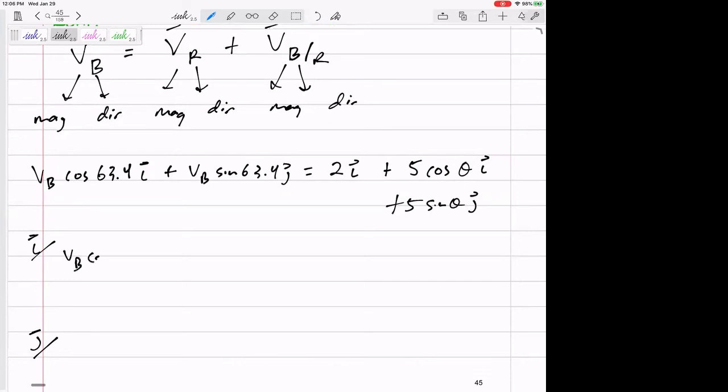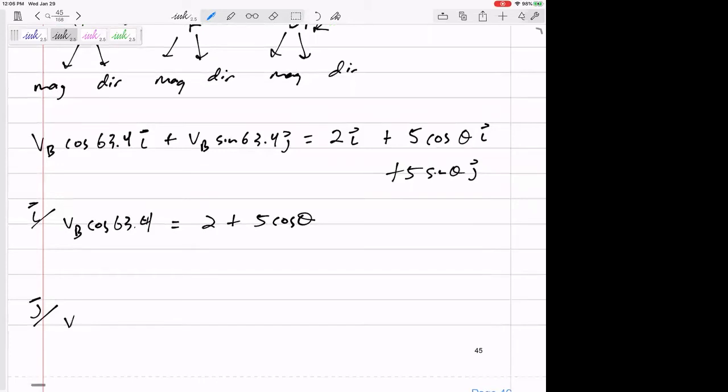VB cosine 63.4 equals 2 plus 5 cosine theta. That one equation has 2 unknowns, so let me jump to the next one. VB sine 63.4 equals 5 sine theta. 2 equations, 2 unknowns, should be able to solve for it.